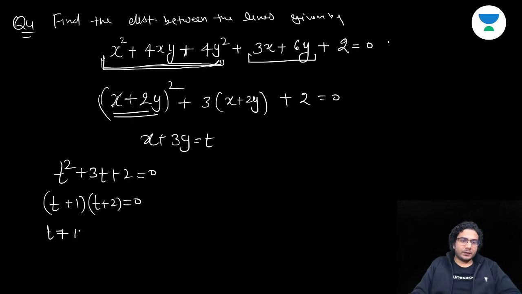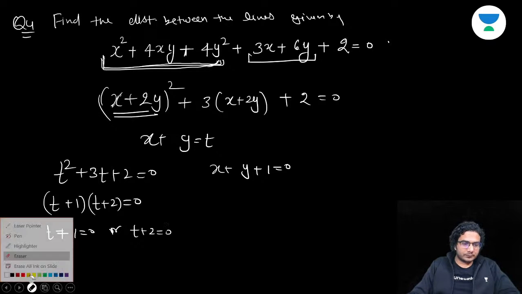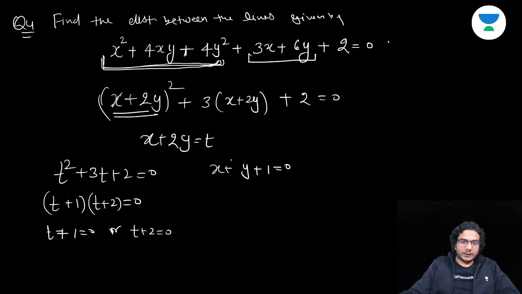So t plus 1 is equal to 0, this is one line, or t plus 2 is equal to 0. Now put the value of t. So it is x plus 2y plus 1 is equal to 0 and x plus 2y plus 2 is equal to 0.